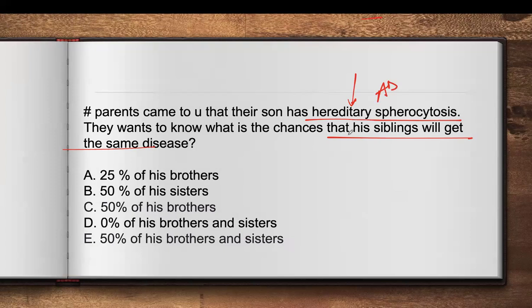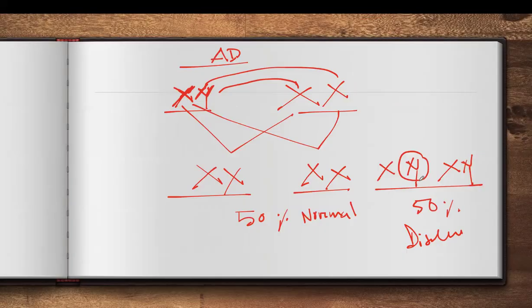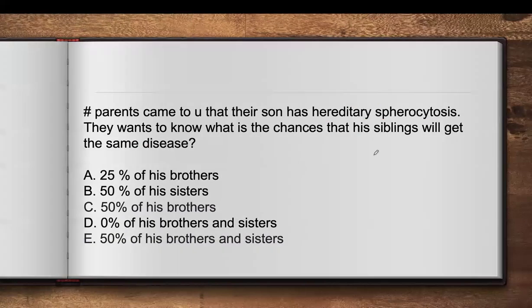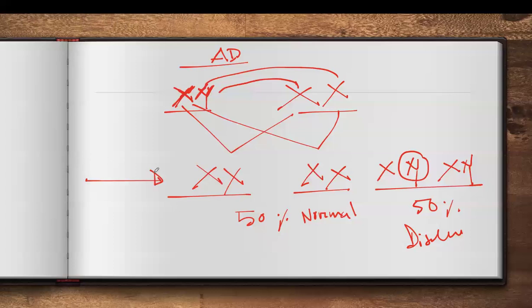The question is, what is the chance that his sibling will get the same disease? Now there is another interesting thing. Don't think that because out of 50%, one already got hereditary spherocytosis, so only 25% chance is there. It is not like that. This possibility is in every pregnancy.